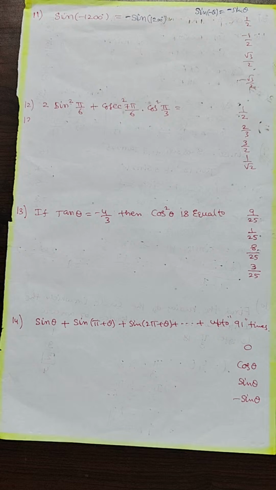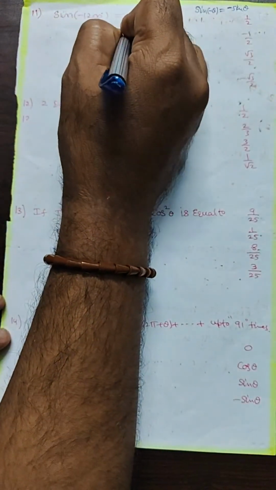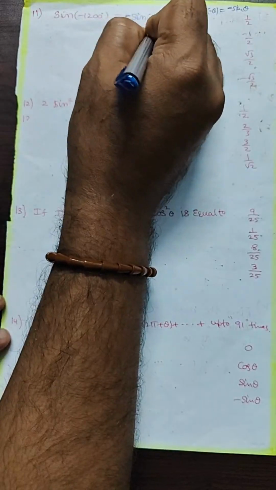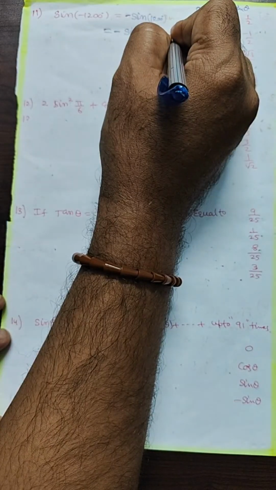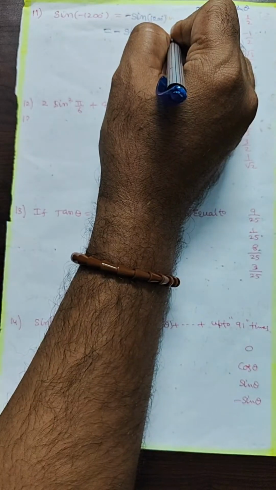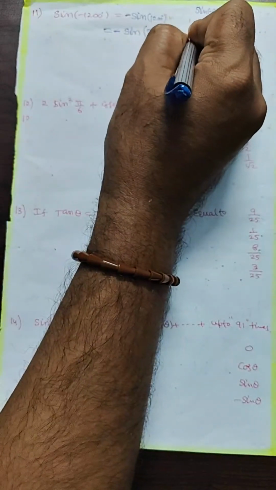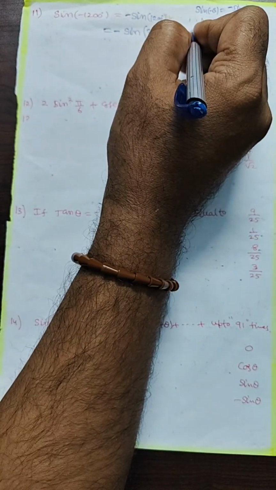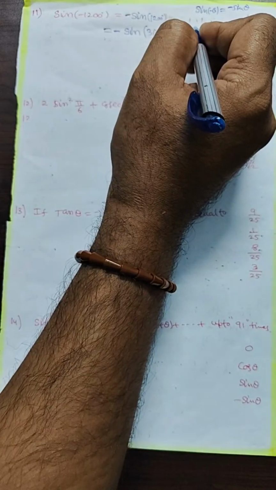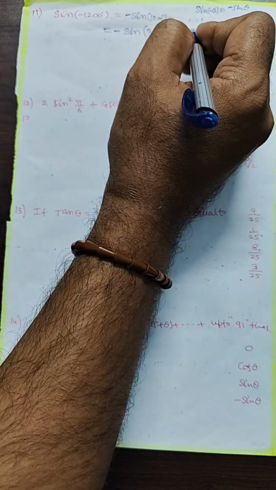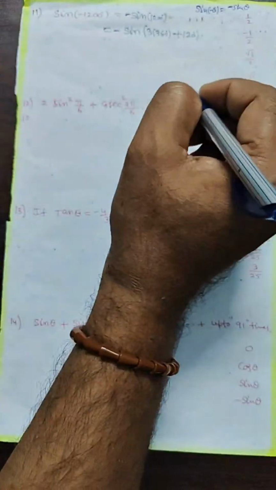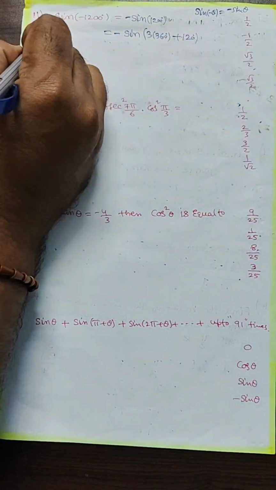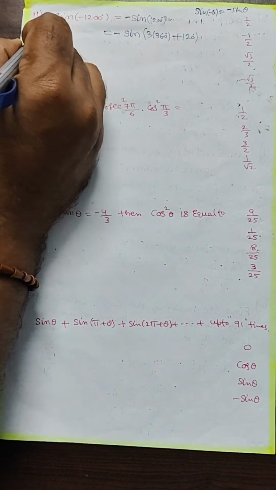So 360 times 3, minus sine of 3 times 360, 1080 will come. So remaining is 120 degrees, dear students. This is the way we can do it. So once again I will check it. 1080.